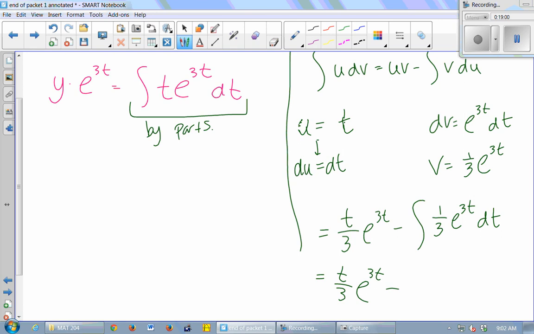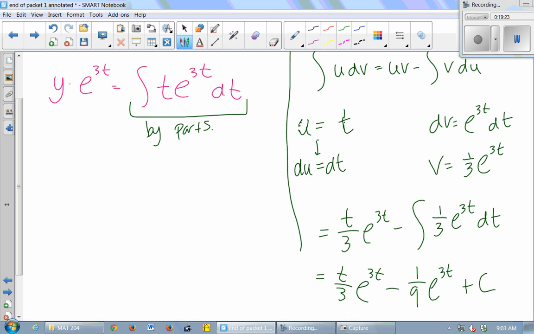All right, what's the antiderivative of 1/3 e to the 3t? 1/9 e to the 3t, plus c. All right, so we now have this integral.